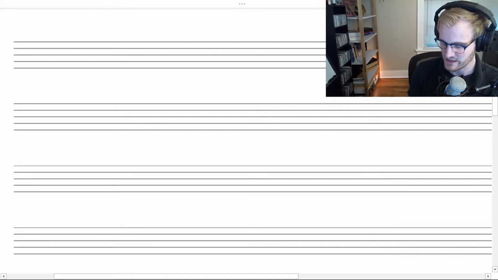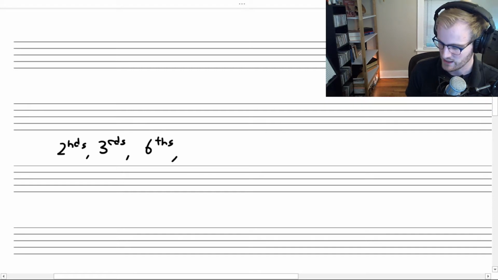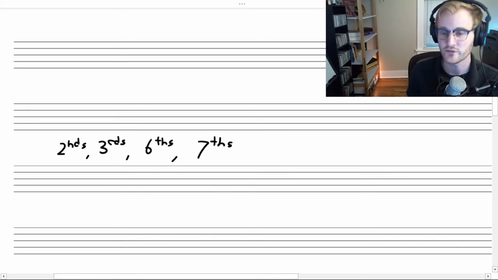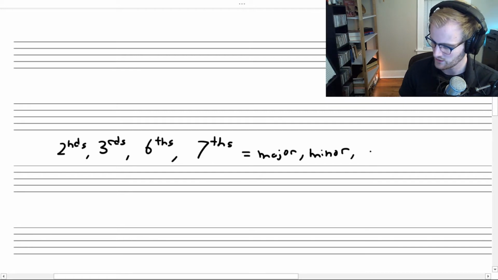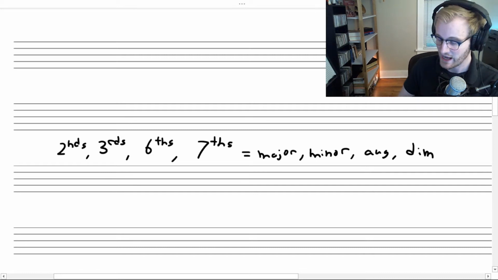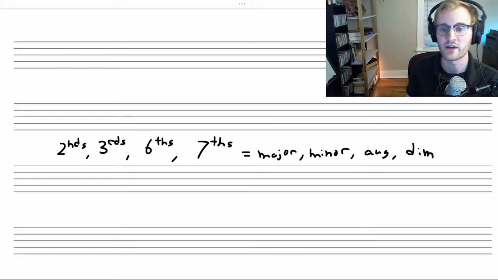So we will say that seconds, thirds, sixths, and sevenths can have a few different qualities to them, and the qualities which they can exhibit would be major, again, a topic of the day, minor, a topic for the future, augmented, a topic for the future, and diminished. So we could have, for example, a major or minor second. We could have a major or minor third. We could have a major or minor sixth. We could have a major or minor seventh.